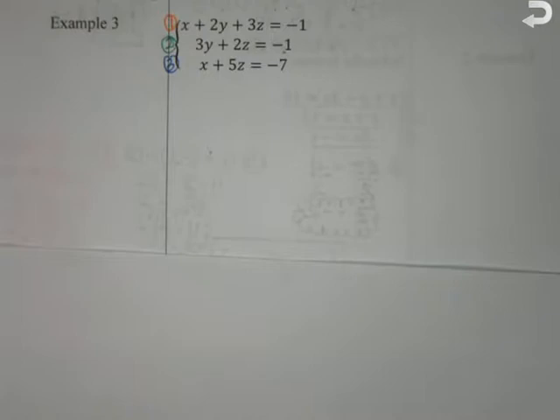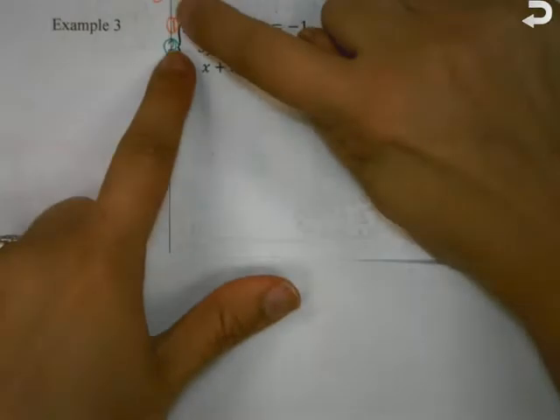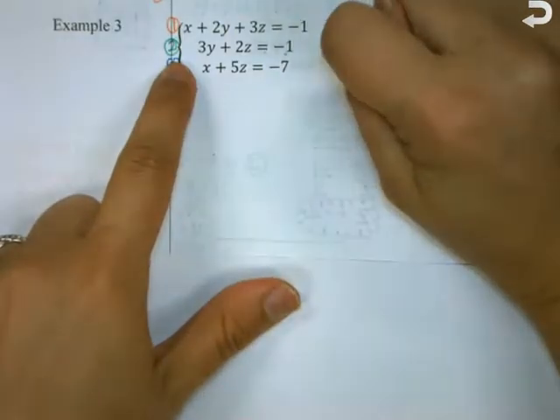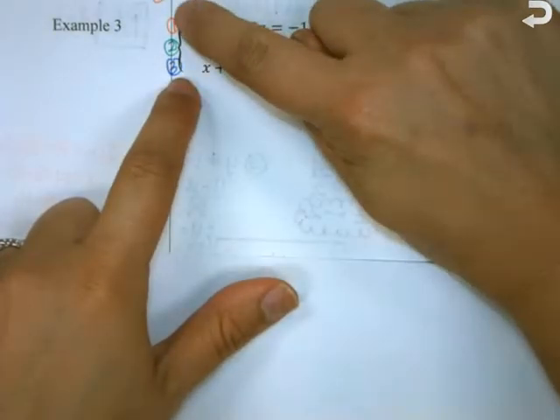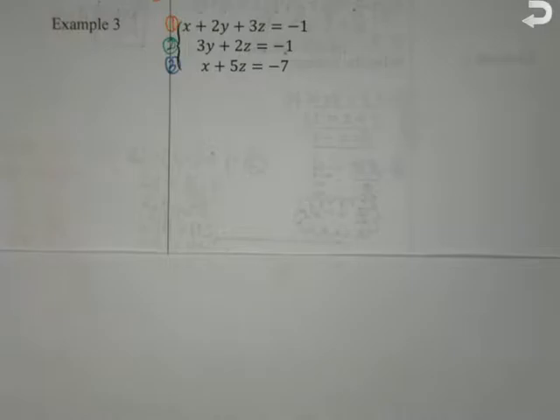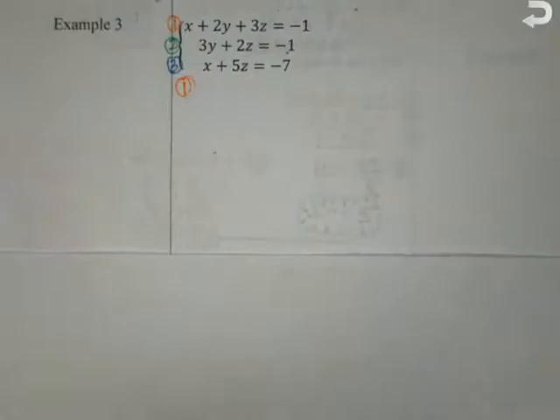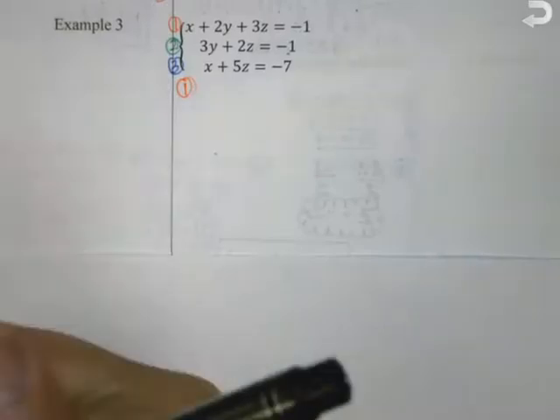So that means we can pair 1 and 2, 2 and 3, or 1 and 3. What do you guys want to do? I usually go 1 and 2. So I'm pairing 1 and 2, so let's just put 1, 2 next to each other. That's telling me which two I'm pairing together.